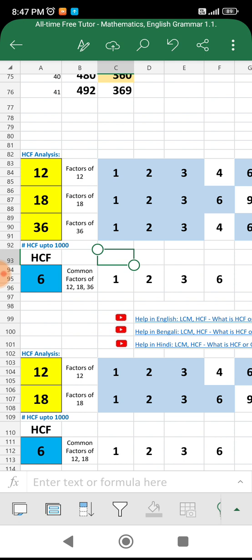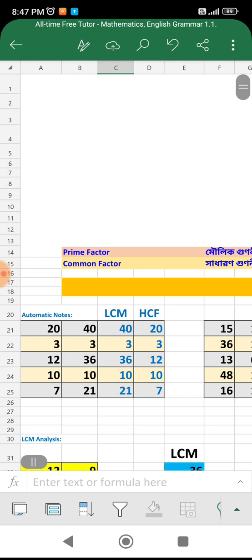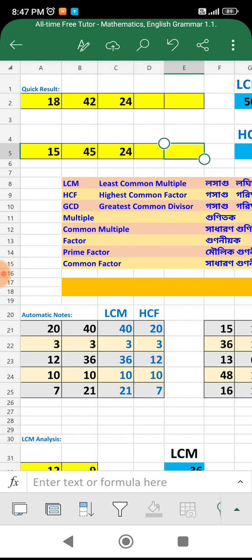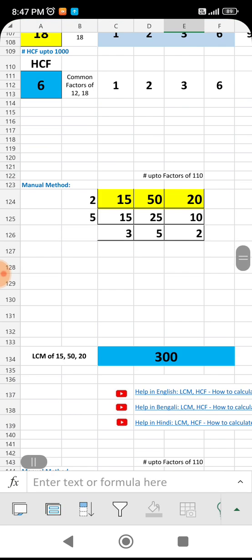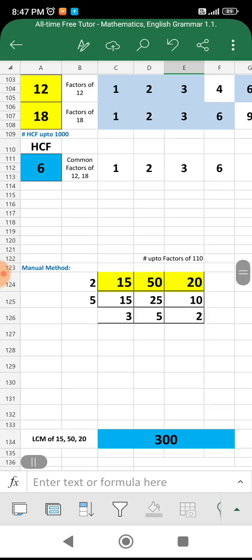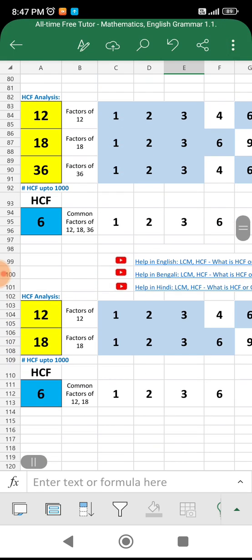If you want to calculate anything, then you have to go to the top, where you can put any range of numbers. This is the manual method. In the manual method, we cannot calculate any number. Then we need the calculator.